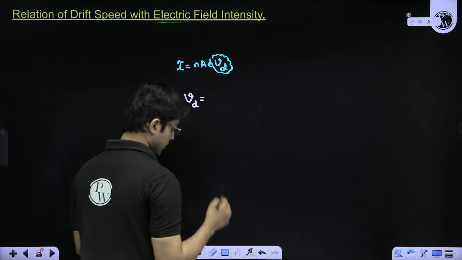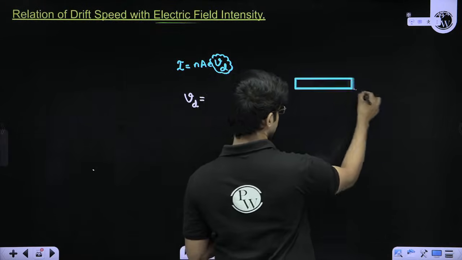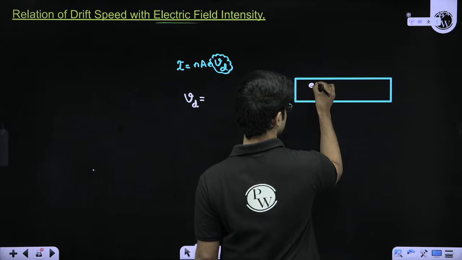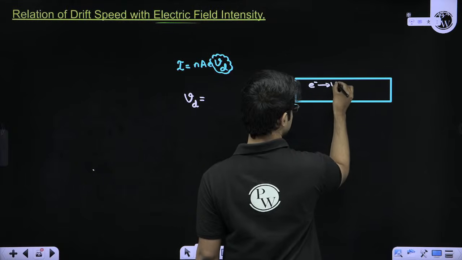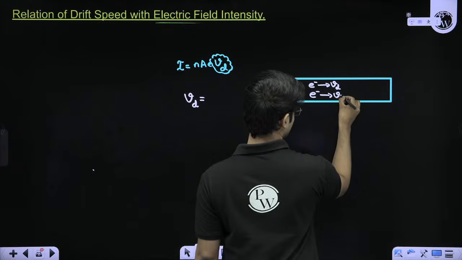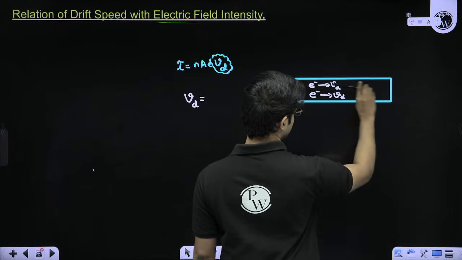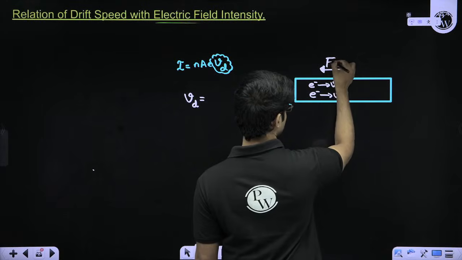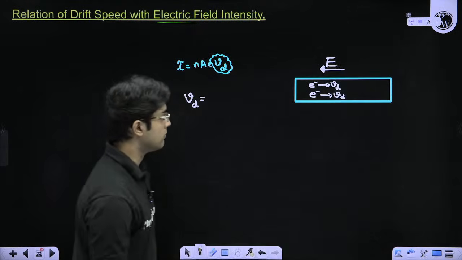If we are once again talking about the conductor situation where the electron is drifting with the drift speed, if the electron is drifting to the right, then the electric field was applied to the left.